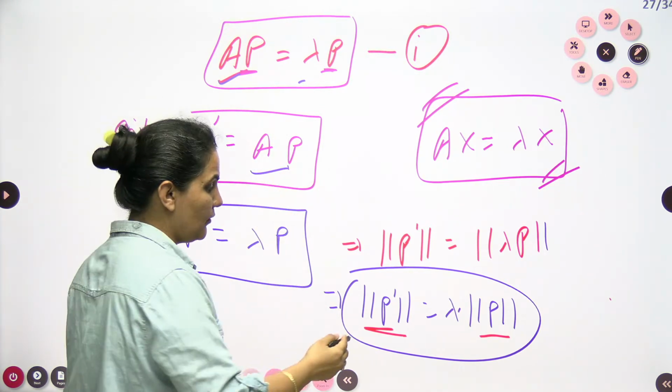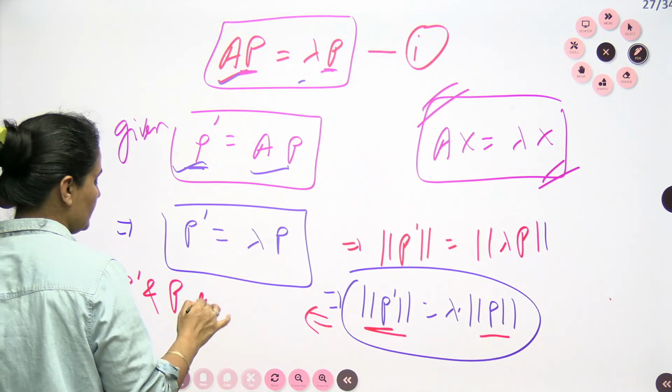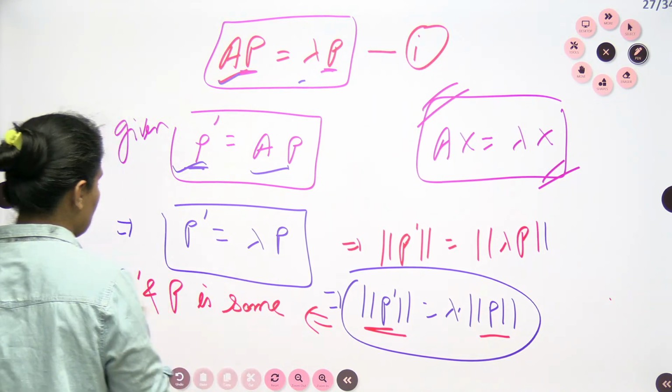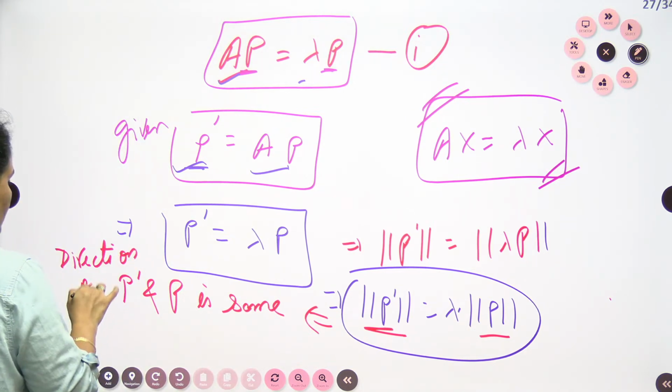So we can conclude directly that the direction of P dash and P is the same. Clearly we can understand this from this statement.